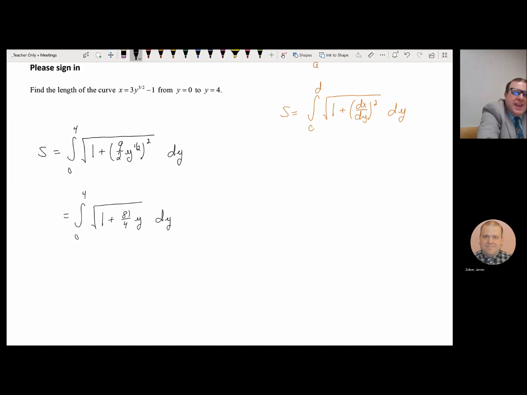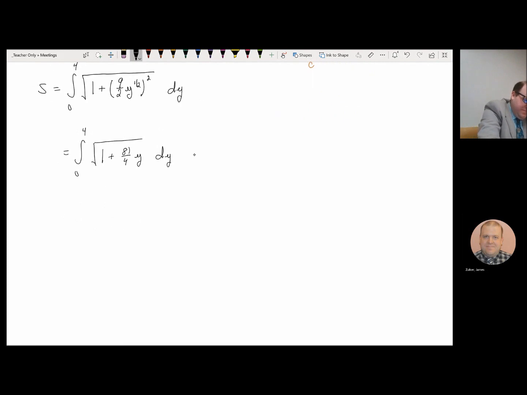Square root of 1 plus 81 over 4 y. You should be able to see this is going to be a u sub. Right, what's the derivative of what's under the radical? So we're going to need an 81 over 4 dy, which we do not have.